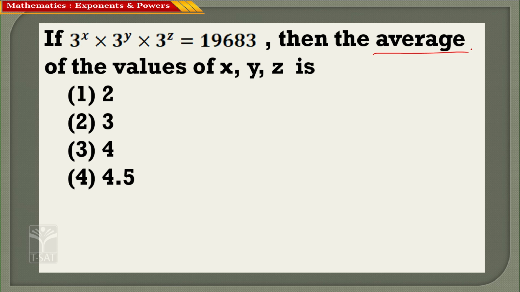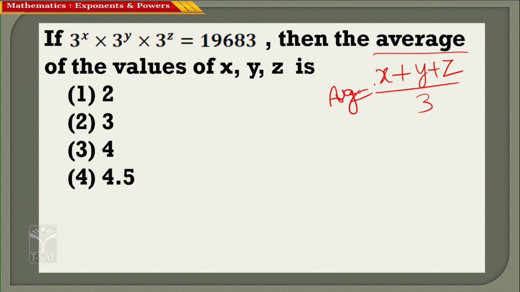What is average? It is the sum of terms divided by the number of terms. You want the average of x, y, z, so you want x plus y plus z divided by how many terms there are: 1, 2, 3. So this is the average. For this you need the value of x plus y plus z. When you divide it by 3, you get the average.